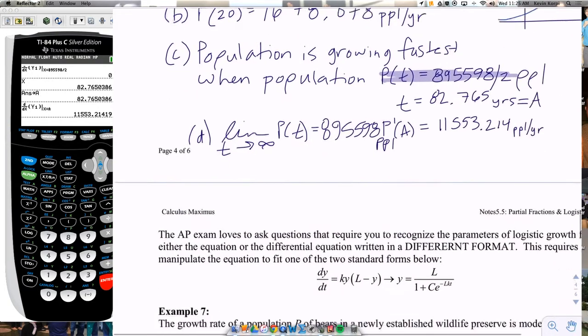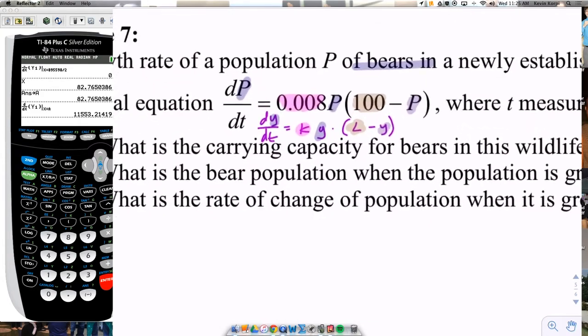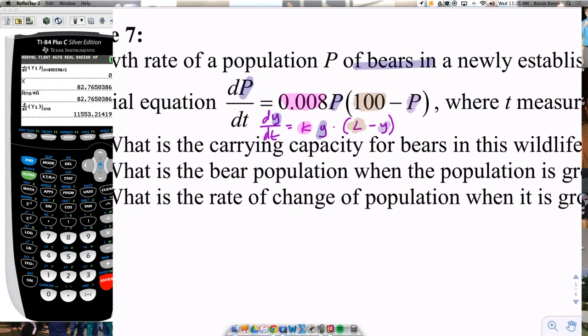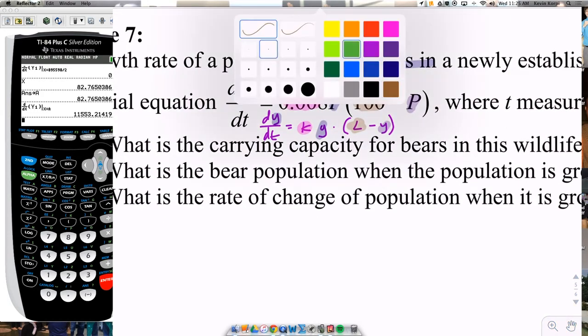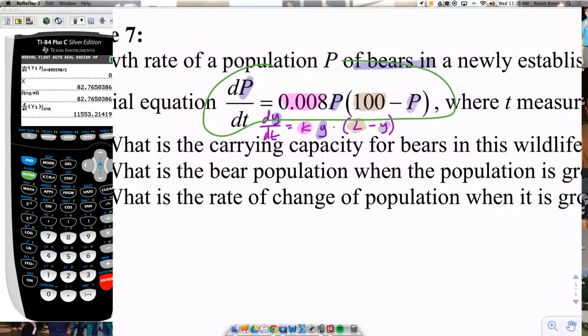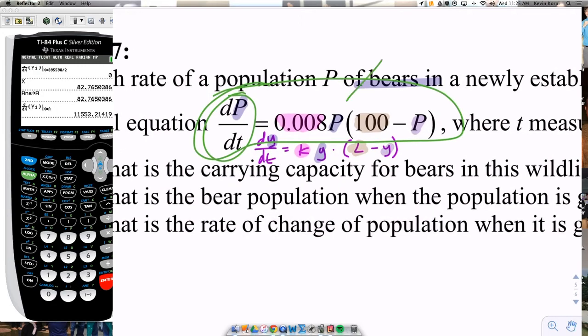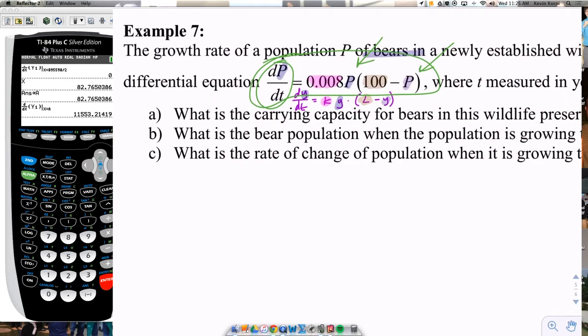I don't have the general solution or the particular solution. Do I need it, though, to figure out the rate of change of the bears? No, because I'm given the rate of change equation. All I need to do to figure out how fast the bear population is changing is to know what the population of bears is at any given moment. So part C, we could say dP/dt evaluated when P equals 50.